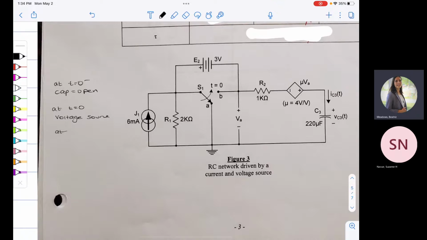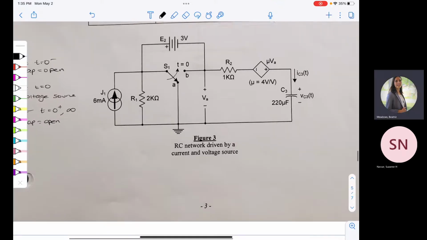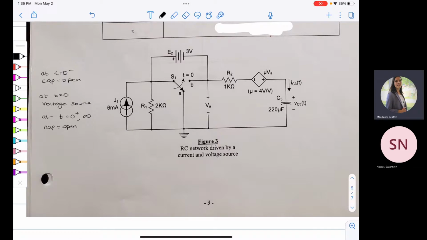Okay, and then finally at t equals 0 plus or infinity. Okay. So with these three different things, we can draw three different circuits, right?